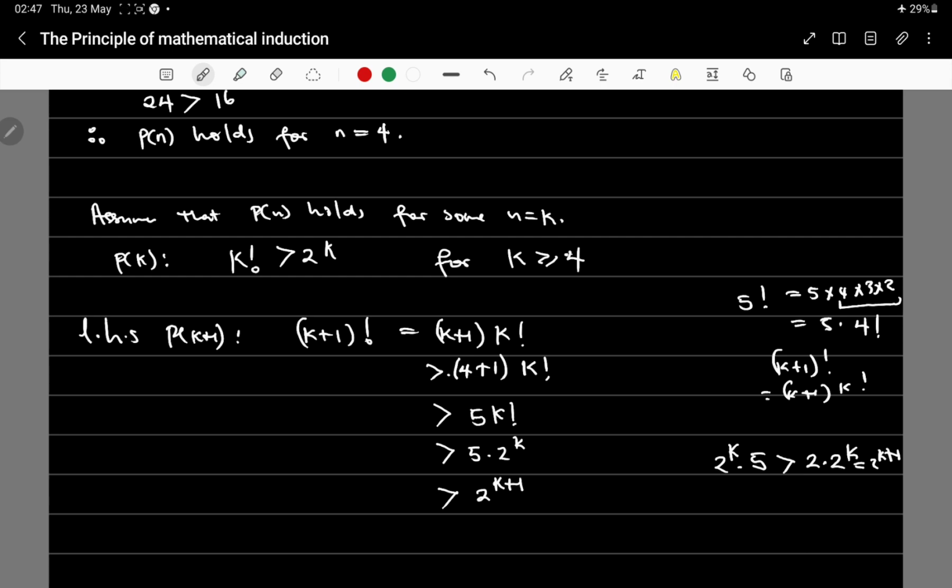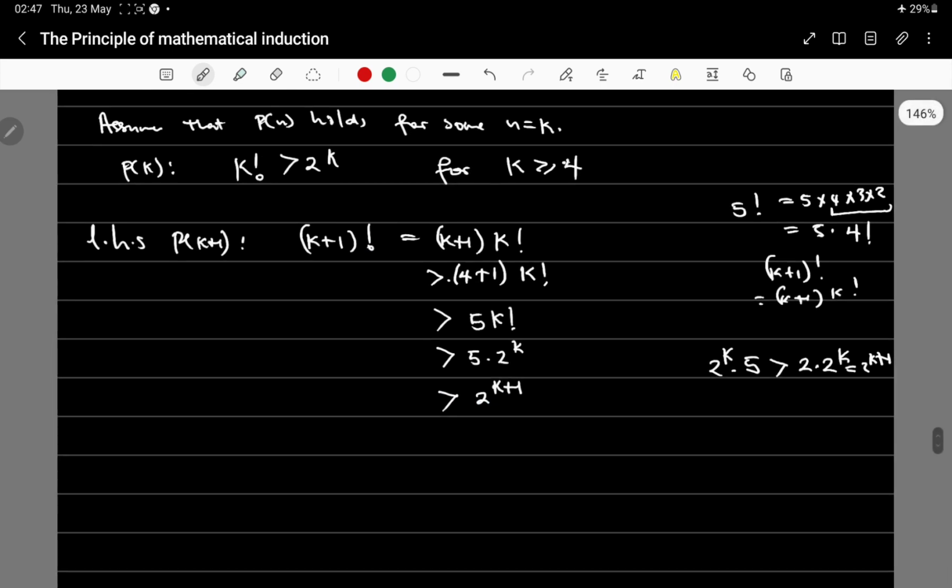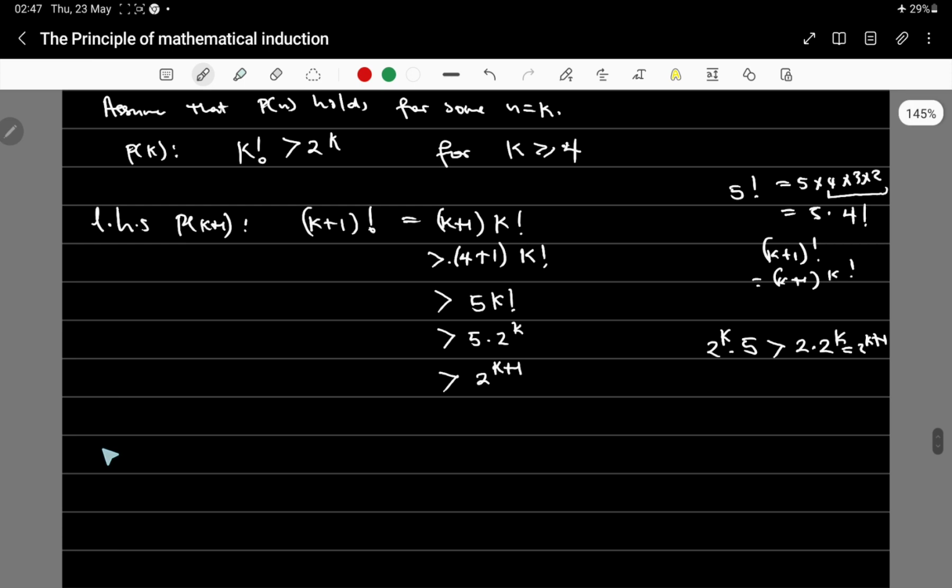So you can see that k plus 1 factorial is greater than 2 to the k plus 1. Therefore, Pn holds for n equals k plus 1.